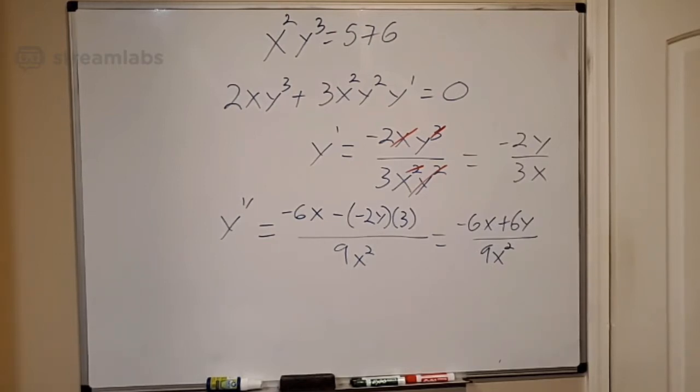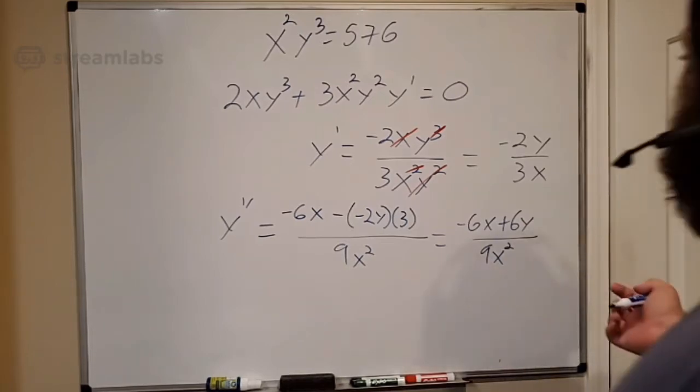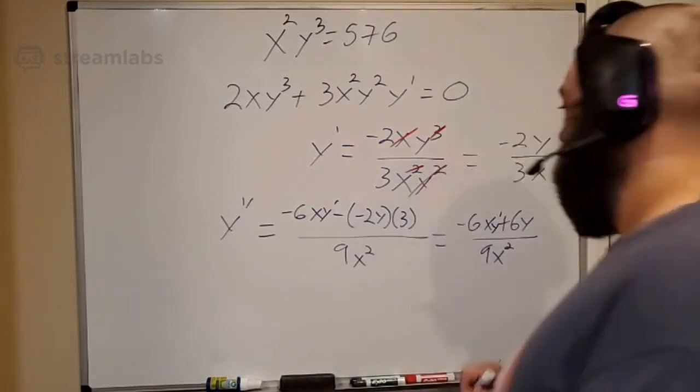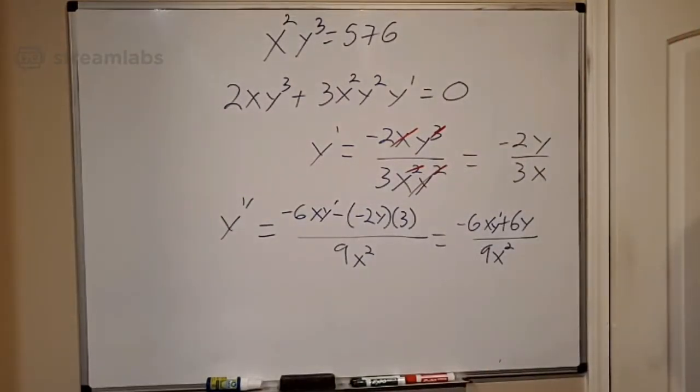Wait, there's no prime in the quotient rule. There you go. Good job, Manuel. So I forgot to do y prime when I did the derivative of this, so I need a y prime there. Very good job. That was a mistake on my part. The derivative of the top is negative 2y prime.